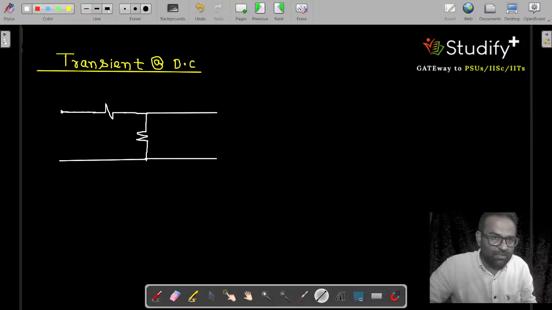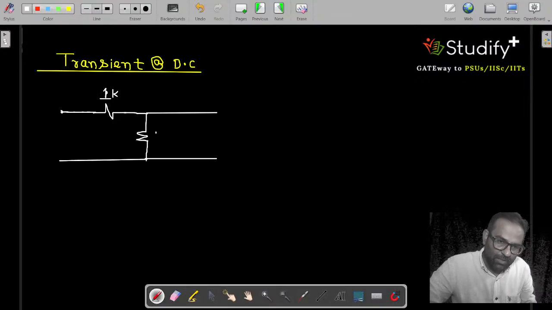Let me call this value R1, let me call this value 1 kilo ohm, and this value 1 kilo ohm. Correct? Let's try to understand the meaning of transient.